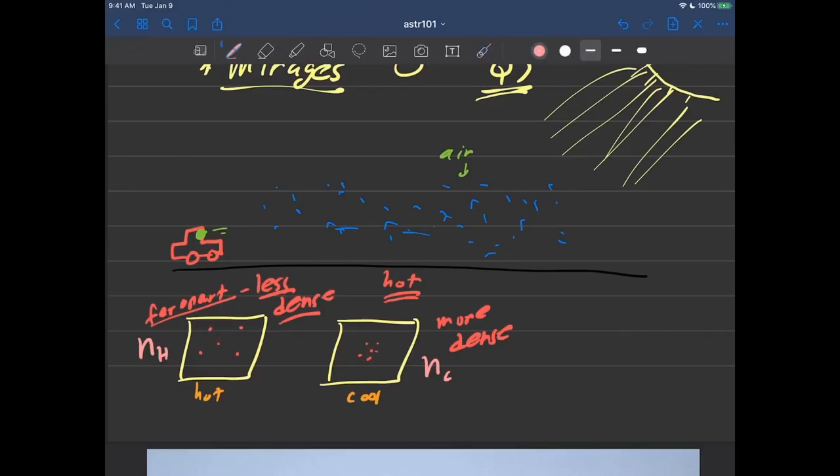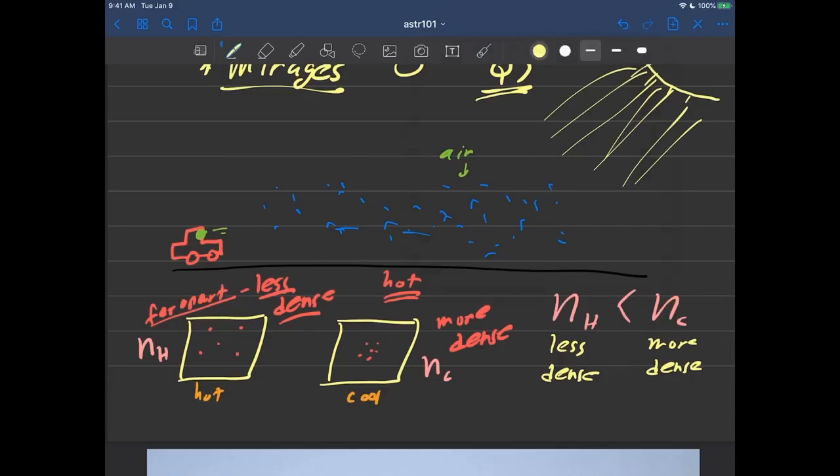I'll even venture to say that the hotter air, because it's less dense, has a smaller index of refraction than the colder air does. It's just a simple fact that it's less dense, because in the hotter air the gas molecules are spending more time apart, and in the cooler one it's more dense. So the cooler ones are going to have the higher index of refraction.